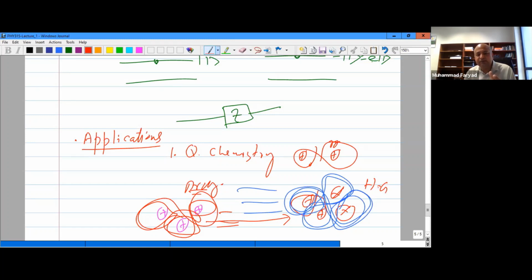And this is a very difficult problem classically. You need an exponentially large number of resources to be able to measure it. And we'll see a little bit later why, when we do the matrix representation of qubits and operators.